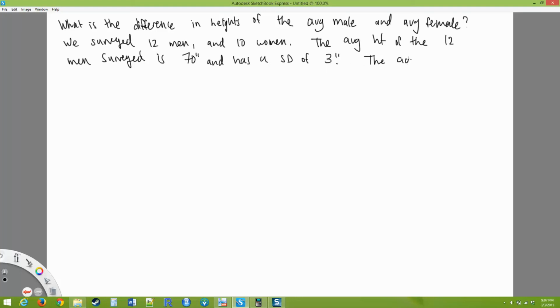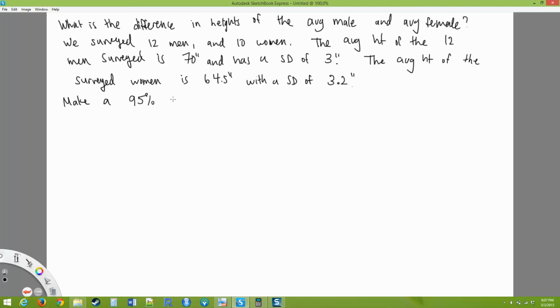And we'll say the average height of the surveyed women is 64.5 inches with a standard deviation of 3.2 inches. Okay? And I'm going to say make a 95% confidence interval for mu1 minus mu2.